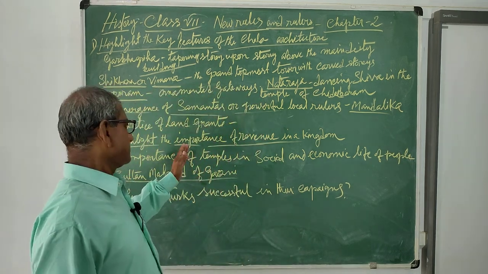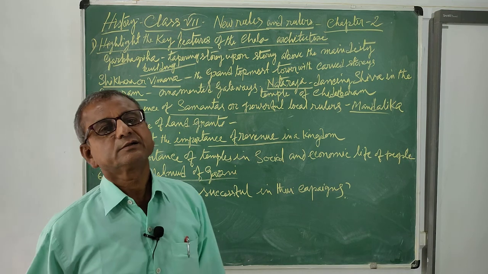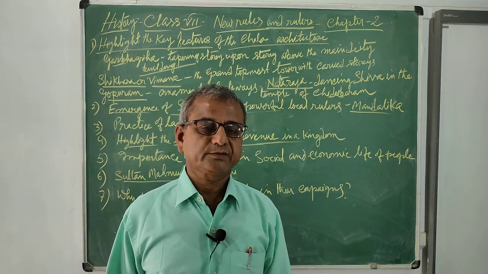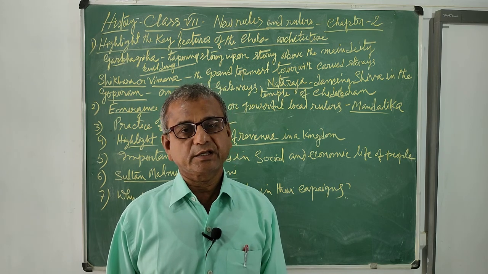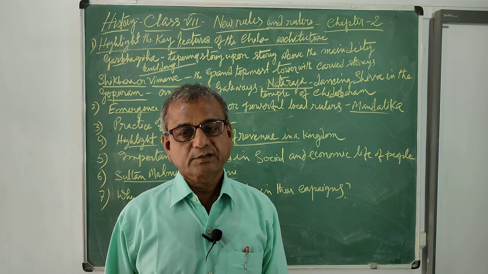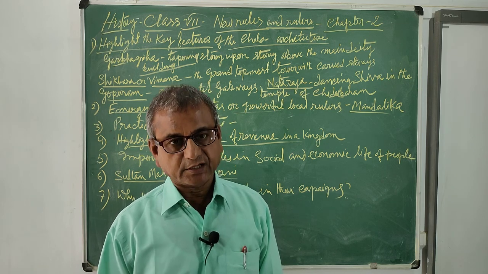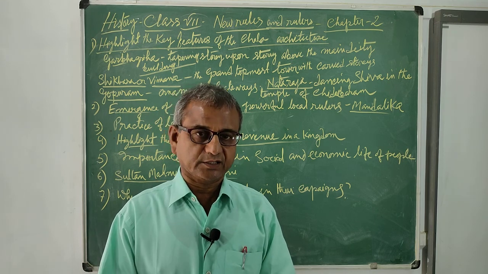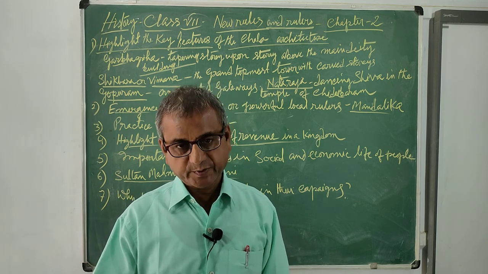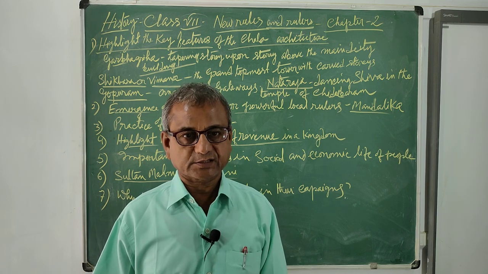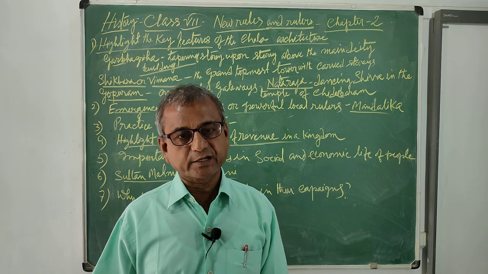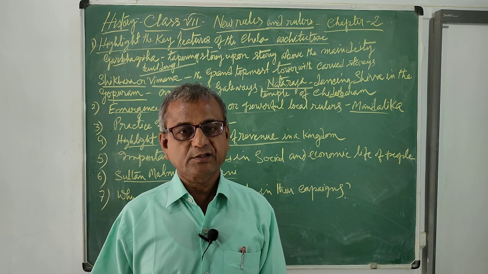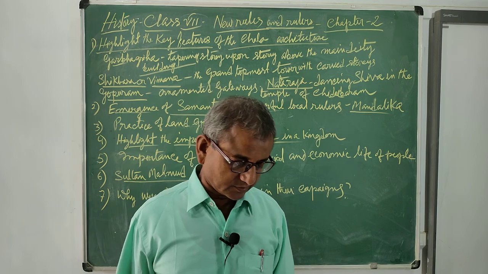The king imposed various taxes on the subjects, and also collected taxes from agriculture and irrigation. These taxes were spent on the maintenance of the palace and buildings, and to carry on military campaigns and other activities.